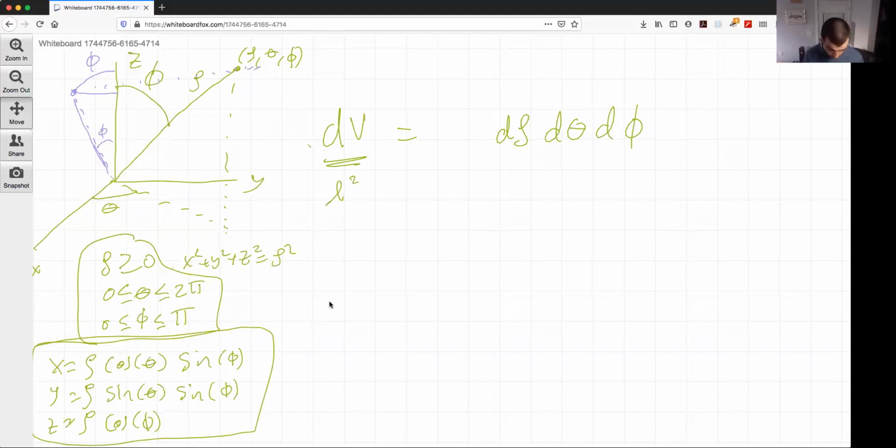This is an L to the third. Right here, I have a length. This is not a length, and this is not a length. So I need a length squared on this side to keep the dimensions the same. So I need to make this a rho squared because it's the only length scale I have. So I add a rho squared to my list here.